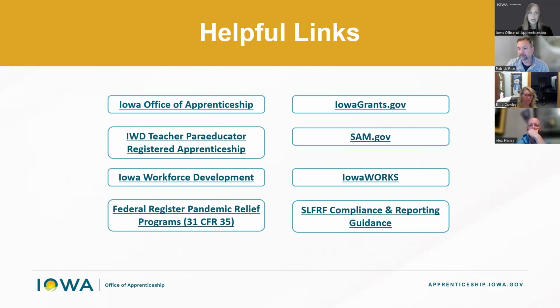So links to iowagrants.gov, sam.gov, and just some resources, including our IWD webpage, our Iowa Office of Apprenticeship webpage, if you would like some more information about other opportunities, and then also some funding sources if you want to take a gander at some CFR.